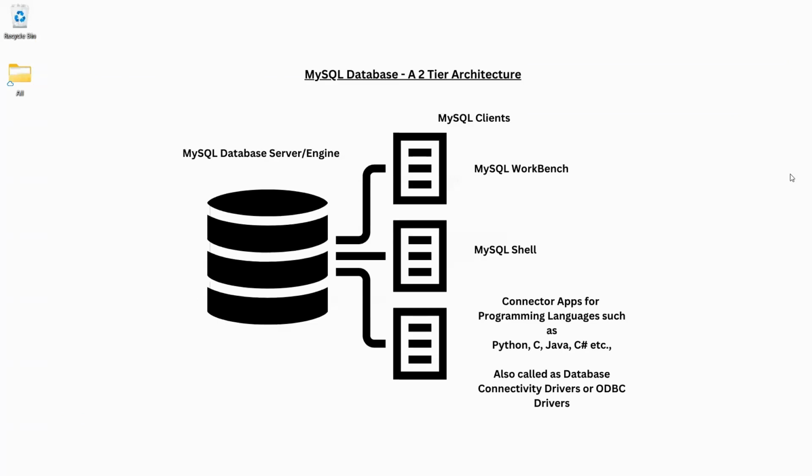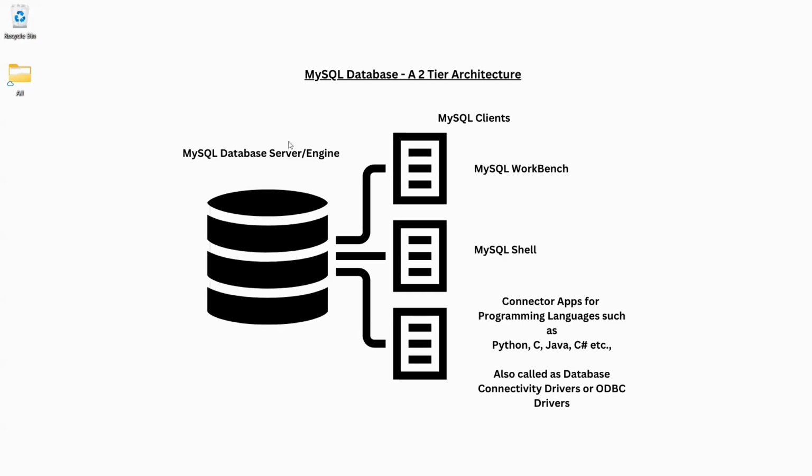Here is a small schematic representation of the MySQL database product. Basically, the MySQL database is a two-tier architecture product. It means very simple. The product is made up of two different layers or two different components.